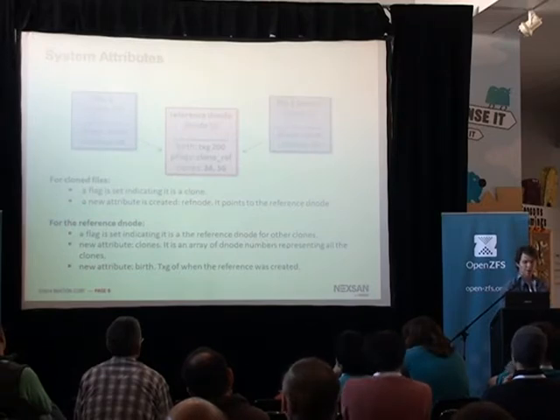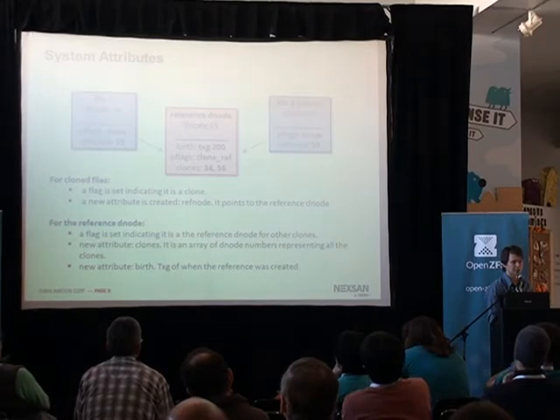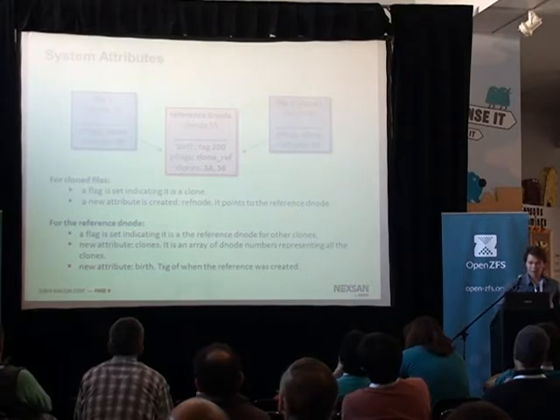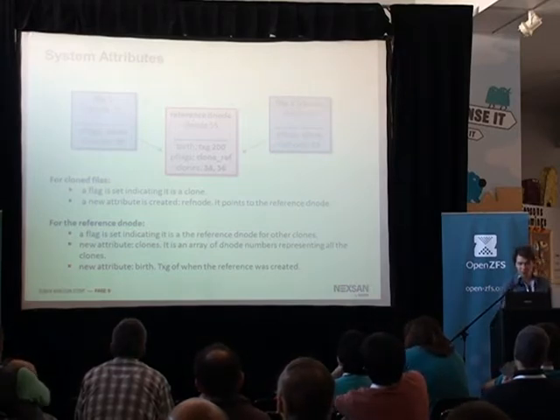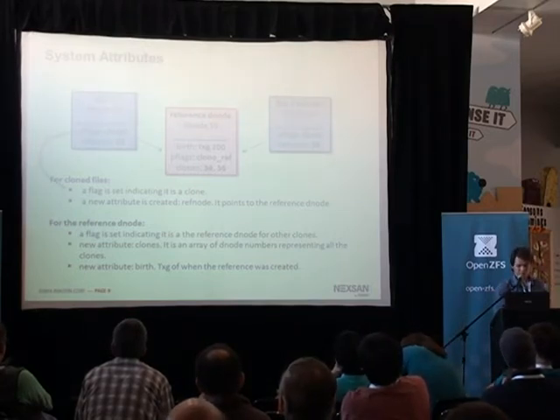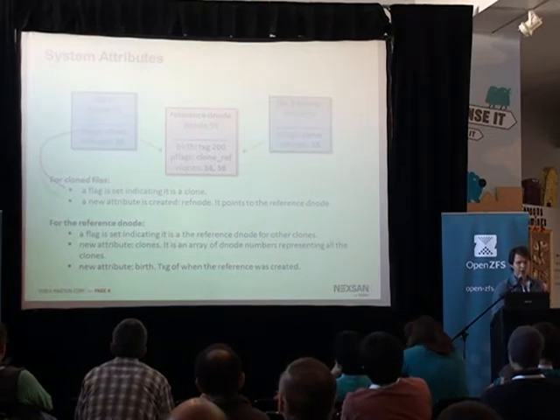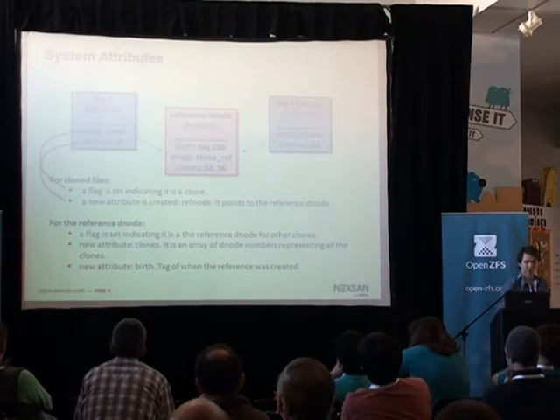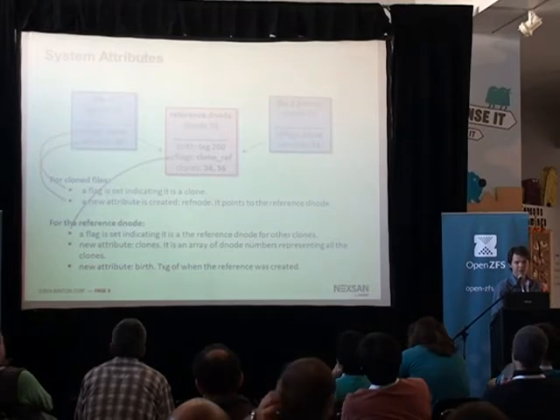Okay, so what we need to implement this fast file clone is to add some new system attributes to our dnodes. There are two dnode types for which we need to add those system attributes. There are the clone files, which have a new flag defining that this is a clone, and a new attribute saying what the reference node for this file is. And for the reference node, we have a new flag saying that this is the reference node, and we have a list of clones.